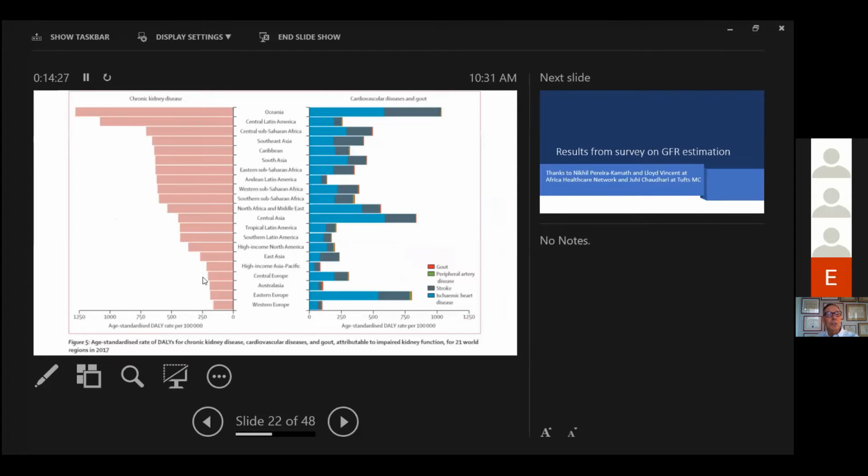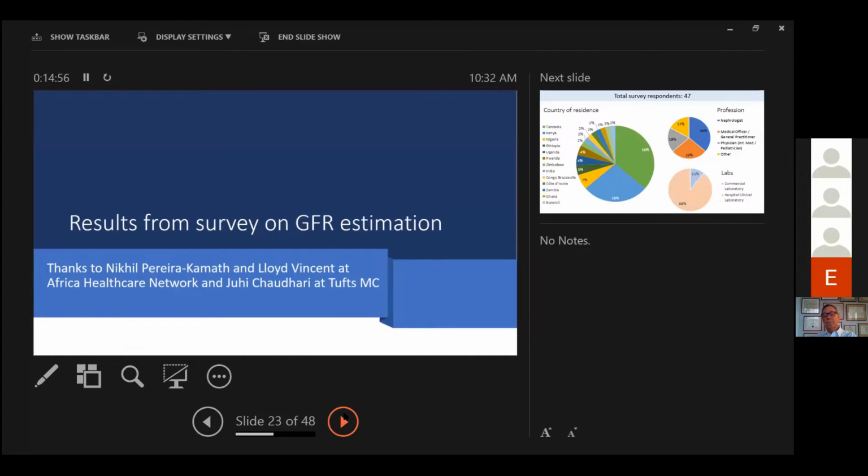This shows the age standardized disability adjusted life years rate by geographic area. And this shows it due to kidney disease, and this shows it due to cardiovascular disease and gout. And here is, again, Eastern Sub-Saharan Africa, fairly similar to Central Sub-Saharan Africa and Western Sub-Saharan Africa. So these issues of the Lancet have lots of good data.